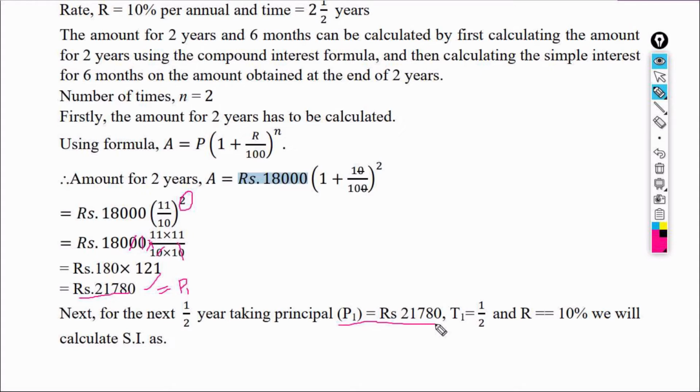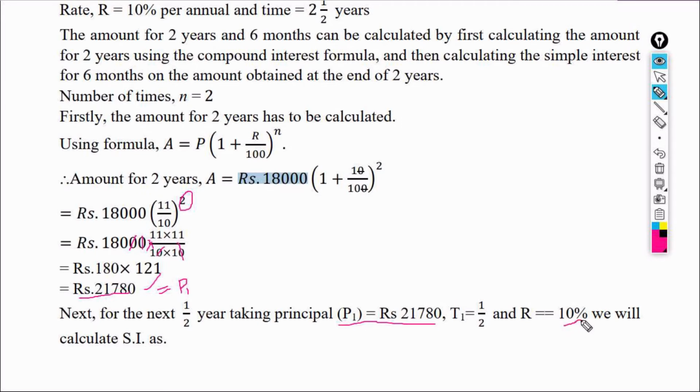This is an important question, because time is given, it is not an integral value. Here you have to remember, I am telling again, that first of all you have to find the amount, that is principal, for the whole years, and that is calculated using the compound interest formula. Now here P1 equals rupees 21,780, time equals half year, and rate equals 10%.